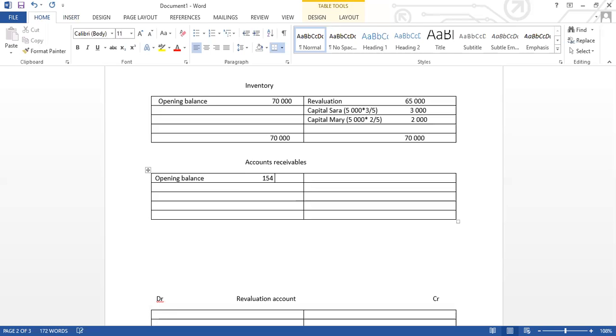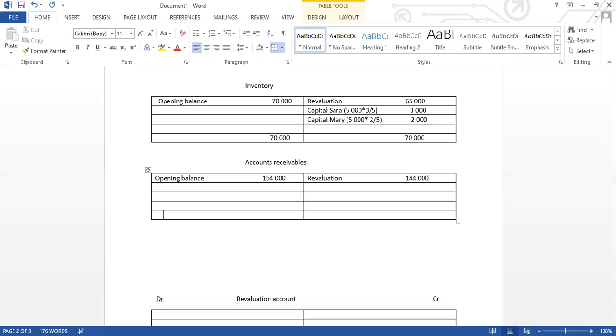They were 154,000. And then the revaluation was how much? 144,000. Looking at this, we can already tell that we still made a loss, right?